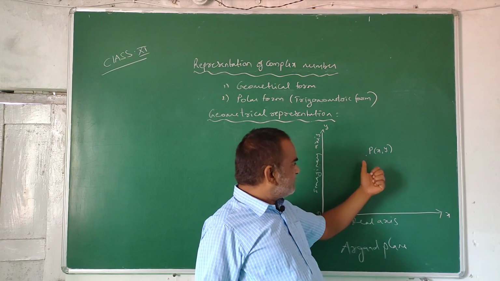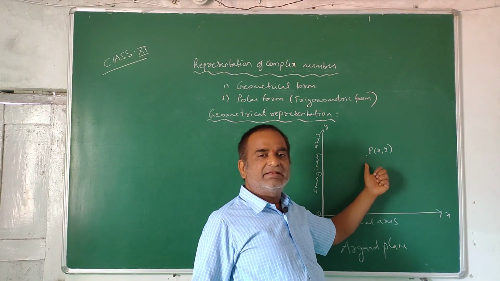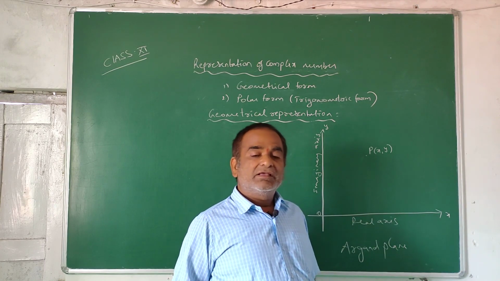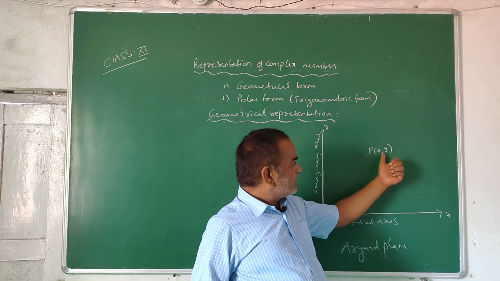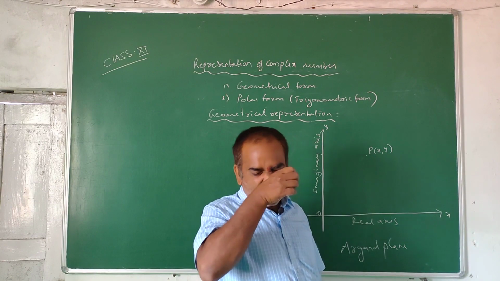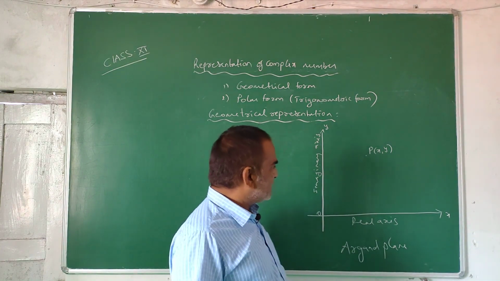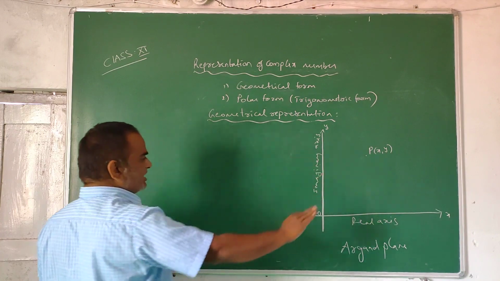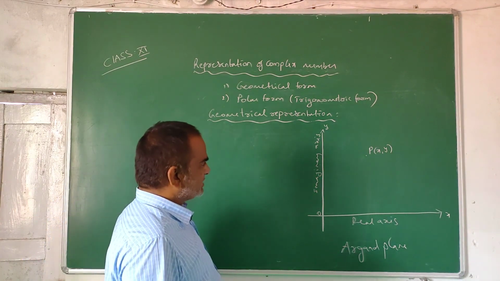A complex number in this plane is represented by a point P(x, y), which is as it is x plus iy here. Understood? So, this is the geometrical representation.